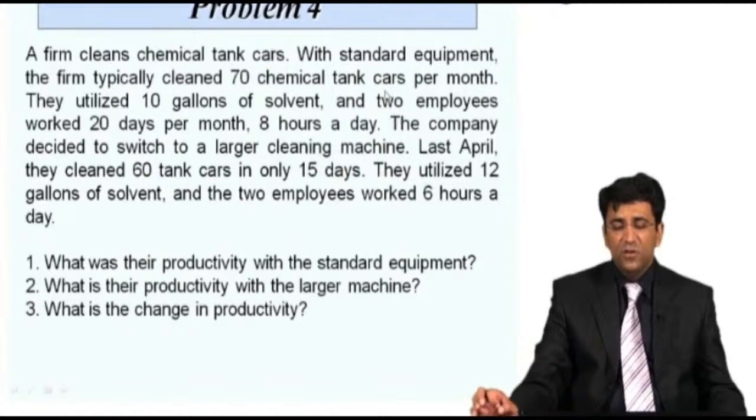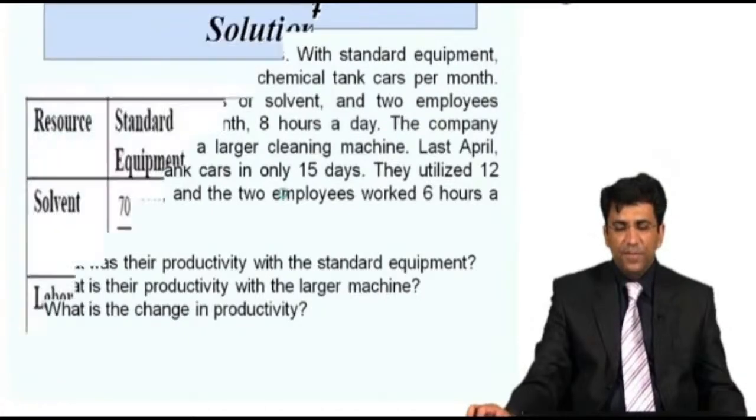That is, they were able to clean 70 chemical tank cars by utilizing 10 gallons of solvent. Now, if we are interested to find out the productivity with respect to the solvent used, in this particular case our old productivity will be 70 divided by 10 gallons of solvent.